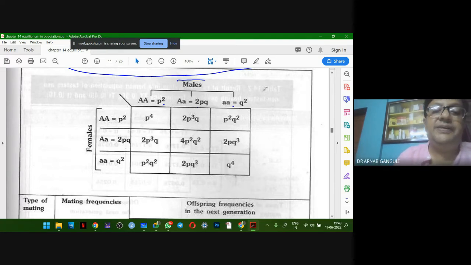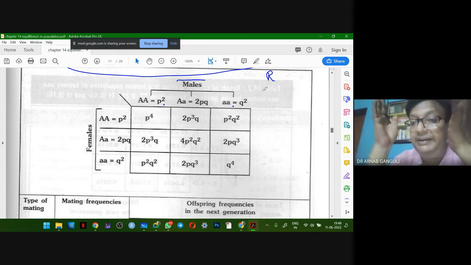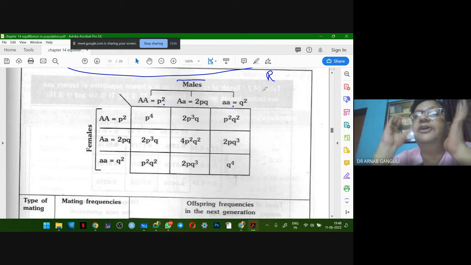Now, these are the females. Right? So now in this population, these males are mating with these females. This is a random mating between genotypes, whereas earlier you saw mating of the alleles. Now you are considering the genotype.